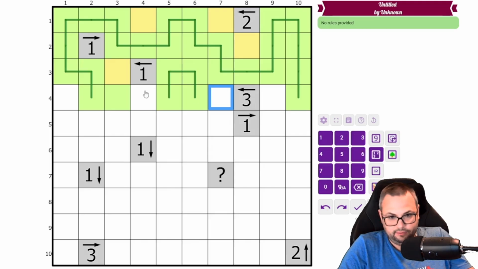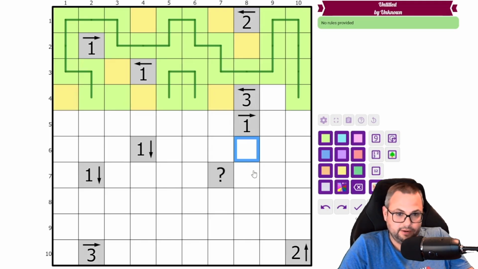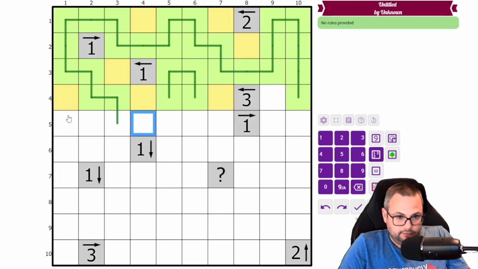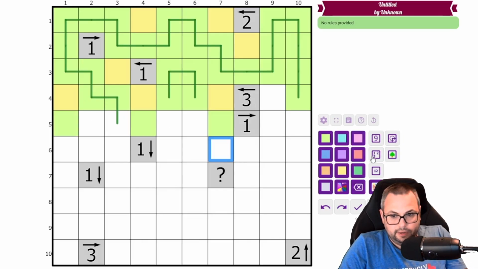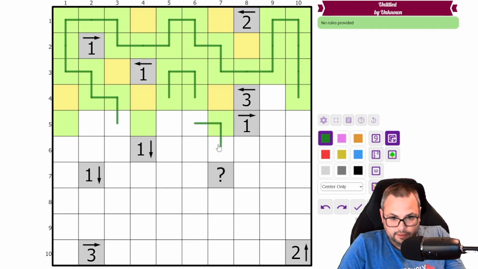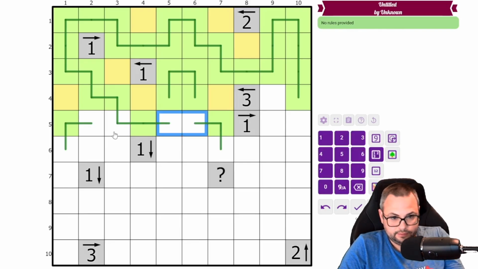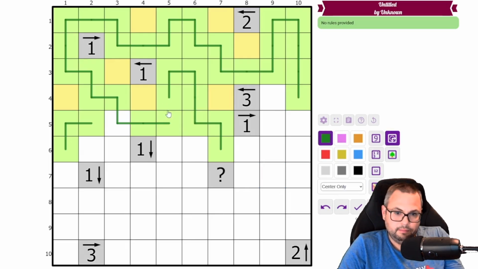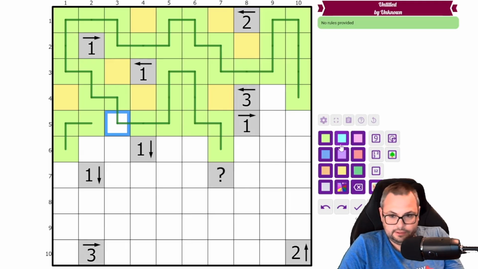This 3 is now just the only 3 cells it points out that could possibly be yellow. We get some greens next to yellows, including this corner and this corridor and this corner. Oh, this has become forced to do that.